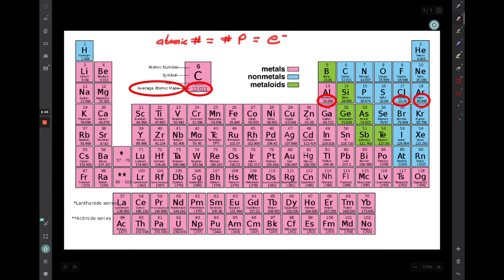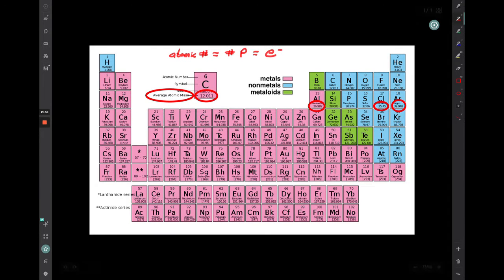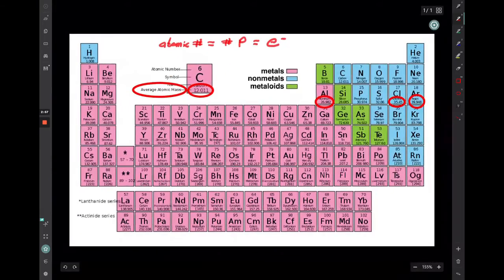The mass number is equal to the number of protons plus the number of neutrons.